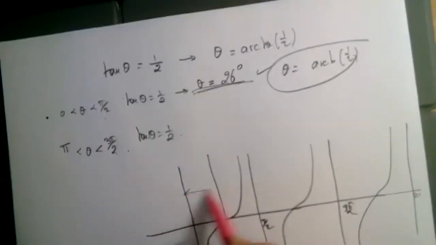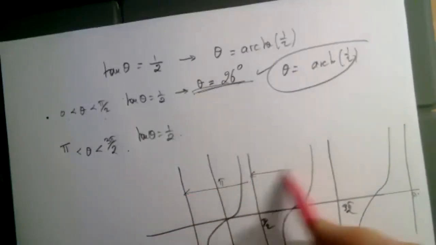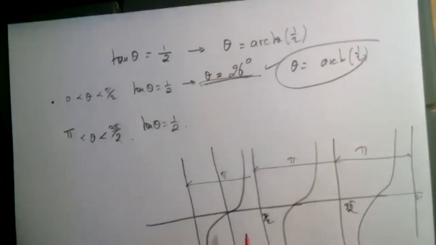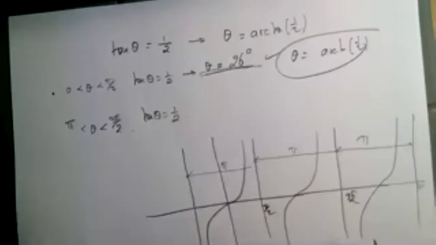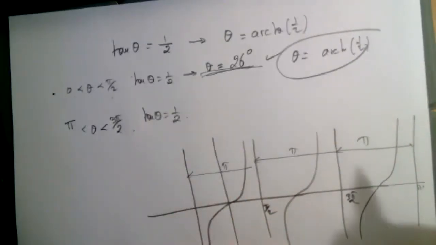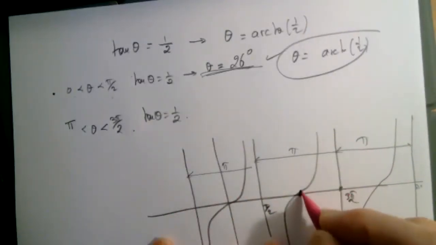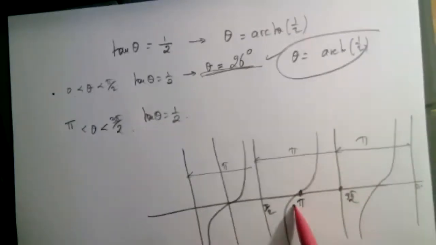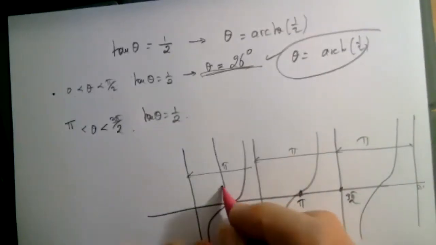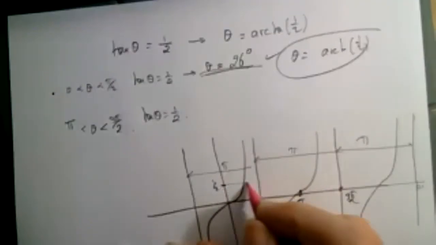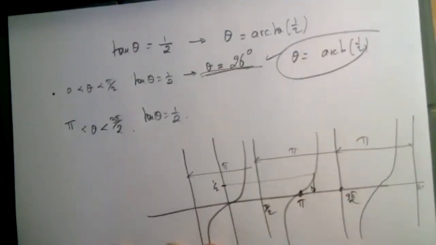It repeats itself every pi. So now I want an angle between pi and 3 pi over 2 whose tangent is a half. Basically I'm after that angle.